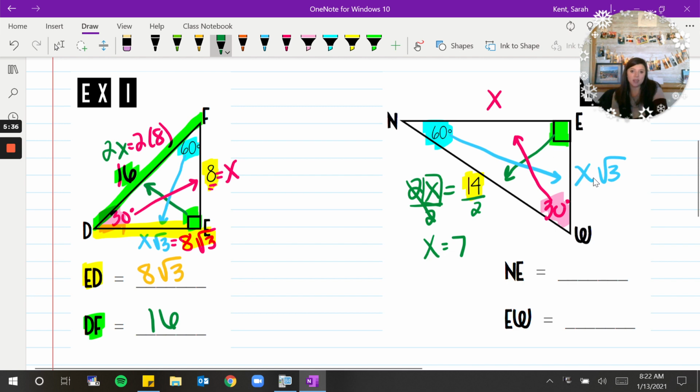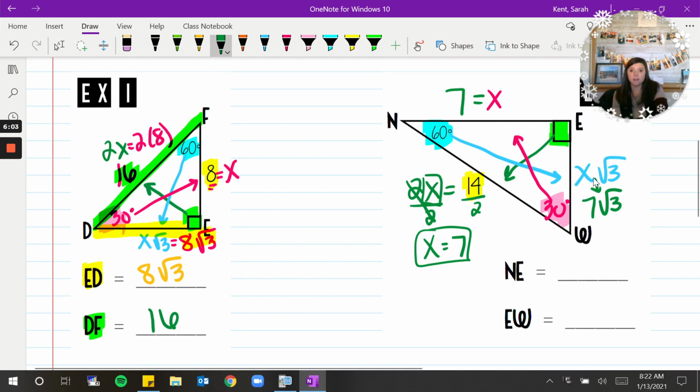So x equals 7. So wherever I see x in the rest of the triangle, I want to put in 7. So here I see x, so I want to put that in as 7. Here I see another x square root of 3, so I want to take out x and put in 7 square root of 3.